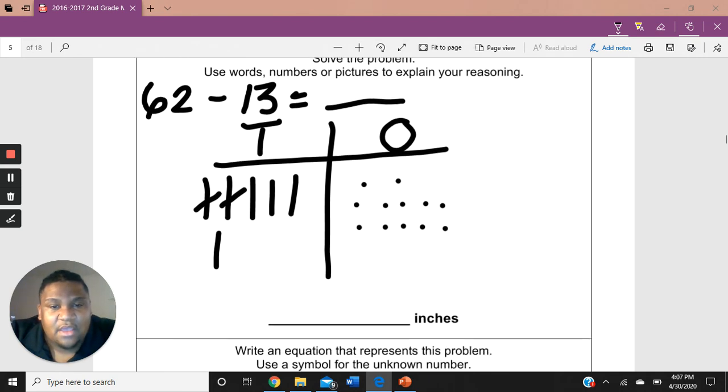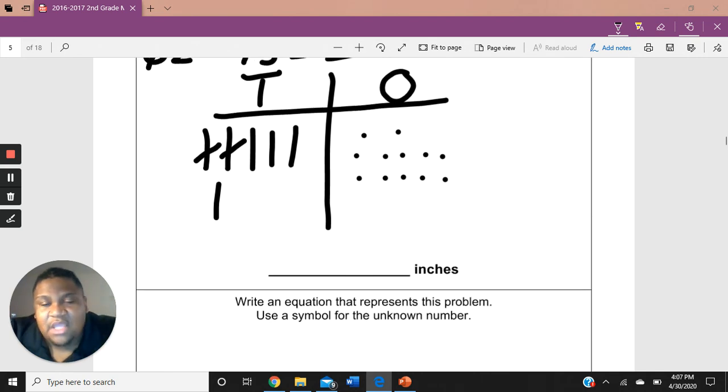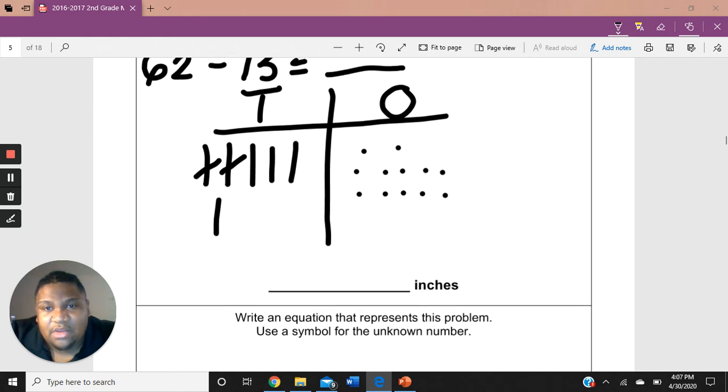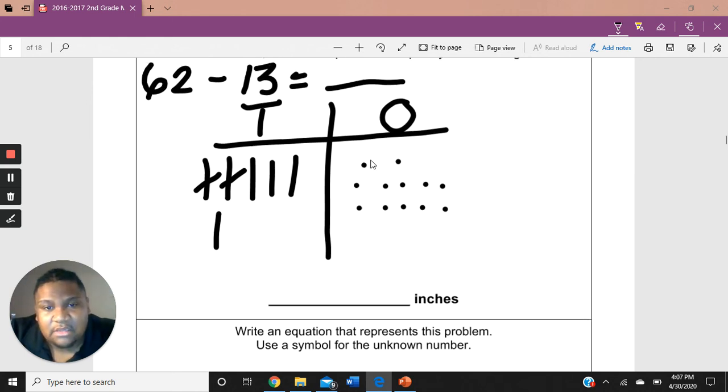So let me take away my 3 ones. 1, 2, 3. Now I have 1, 2, 3, 4, 5, 6, 7, 8, 9, 10, 9 ones left.